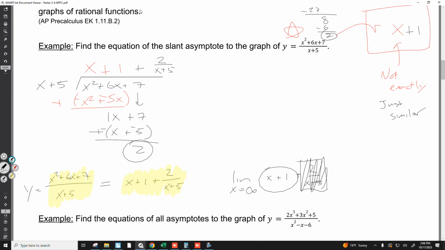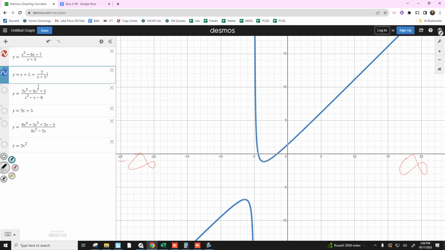Pay attention. When you divide, you are just getting an equivalent form. It just looks different. This and this are the same. But if you're talking about end behavior, you're plugging in infinity.